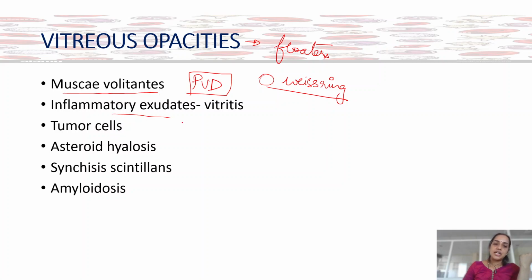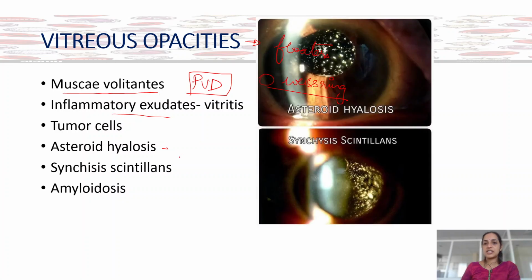More common and benign vitreous opacity is asteroid hyalosis, where you see white opacities within the vitreous. It's an innocuous condition, and these are stuck in the vitreous. There is no liquefaction. These are usually seen in eyes with old age or previous history of trauma.